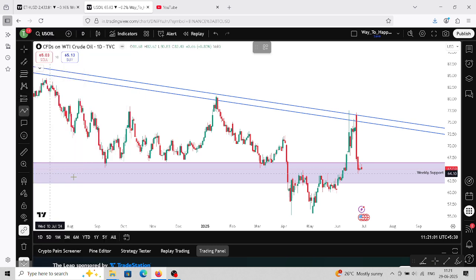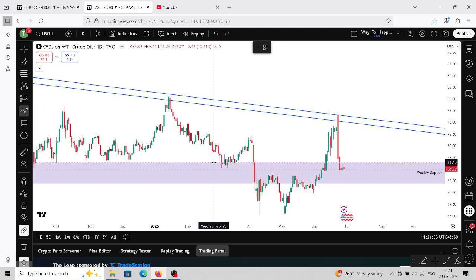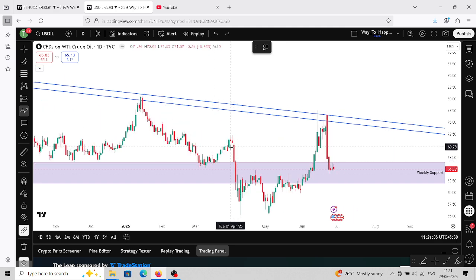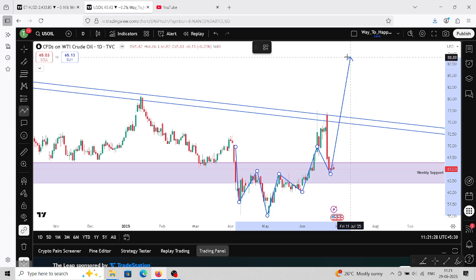On a weekly chart, on a weekly support, the price has already gone up here. Here it came for a retest and it will go like this.